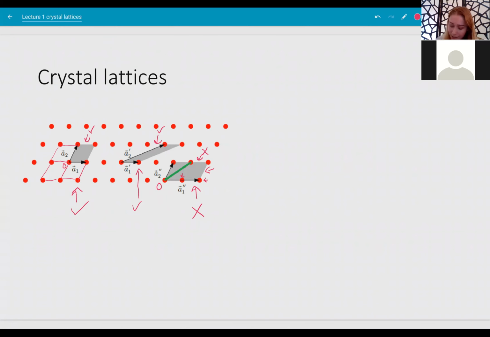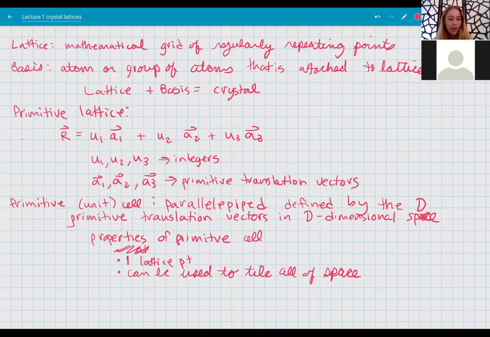And then the last attribute is that the volume of the primitive cell is the smallest possible volume that can be used to tile all of space. This is sort of an elaboration of the statement I made about the non-primitive cell. So it's the smallest volume that can be used to tile all of space, and it has the following volume.